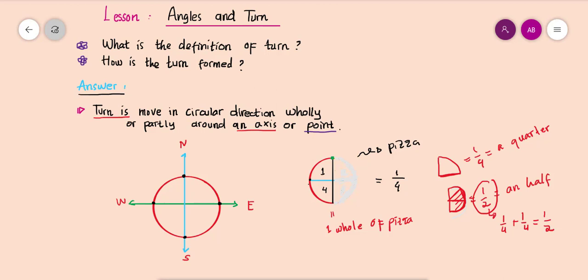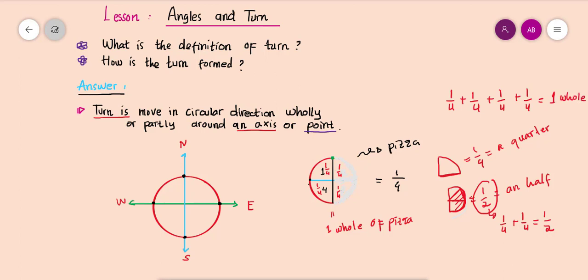So how do you see here? This is 1/4 also, right? This is 1/4 also. This is also 1/4. This is also 1/4. So that means 1/4 plus 1/4 plus 1/4 plus 1/4 is equal to 1 whole, everyone.